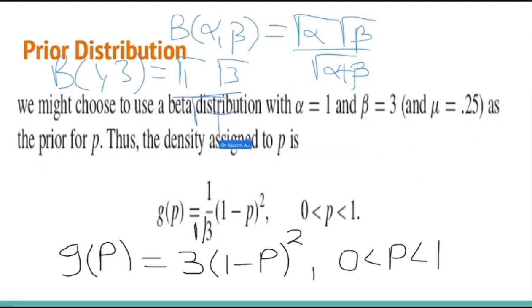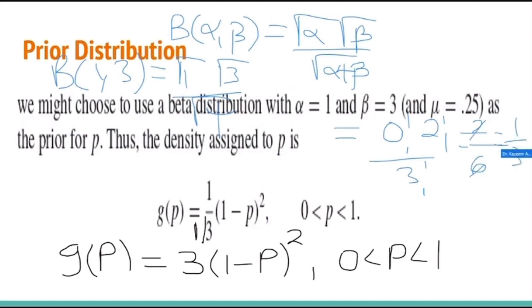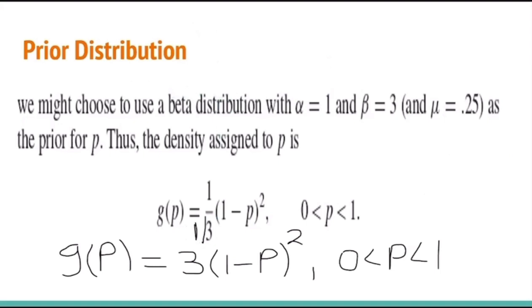And when that happens, gamma 1 is 0 factorial, gamma 3 is 2 factorial, gamma 4 is 3 factorial, and this is going to be 2 over 6, which is 1 over 3, and that's also why we got this 1 over 3. So 1 divided by 1 over 3 is going to be 3, and that was how we got what is here.